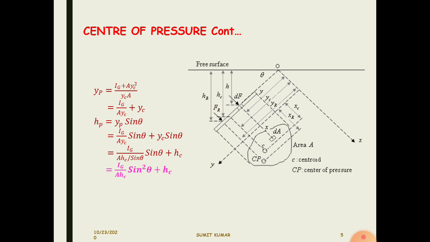Solving the equation further, we get the depth of the center of pressure from the free surface. The first term on the right hand side of the equation is always positive. Hence, the center of pressure is always at a greater depth from the free surface than that at which the center of area lies.